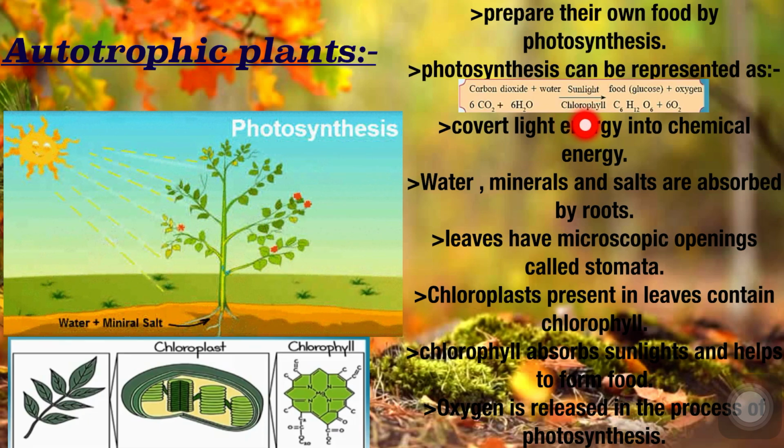Chlorophyll is a component present in the leaves of a plant, which gives food, that is glucose, C6H12O6, plus oxygen, that is 6O2.